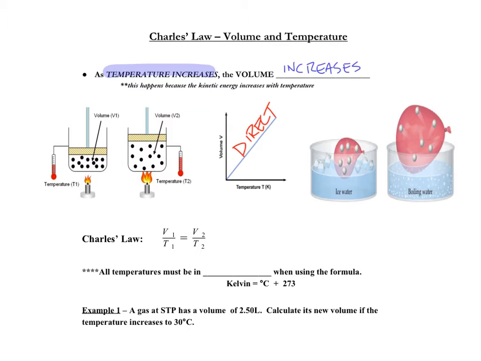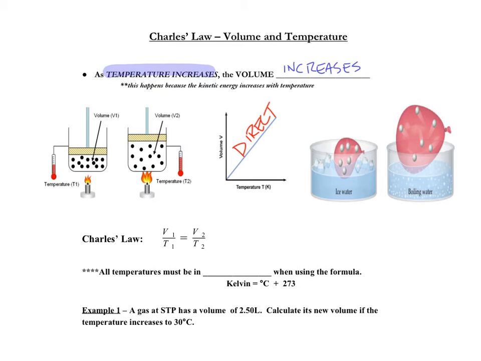In other words, as the temperature of a substance increases, the volume of that substance increases as well. A direct relationship means that whatever the temperature does, the volume does the same thing.